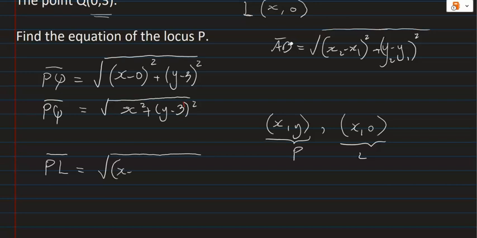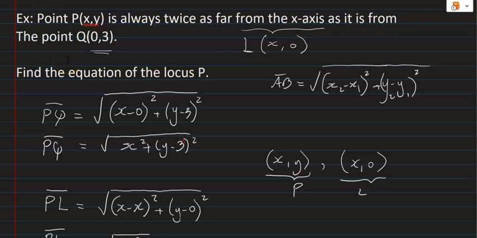It would be the square root of (x minus x) all squared plus (y minus 0) all squared. Simplify that, we get the square root of y squared. We're going to leave it like that.